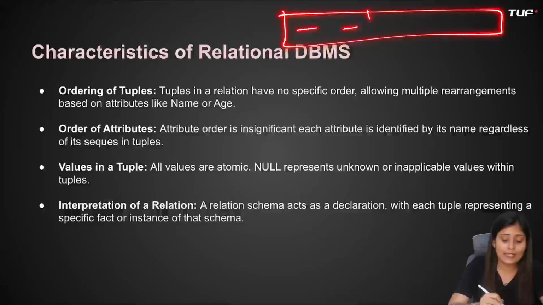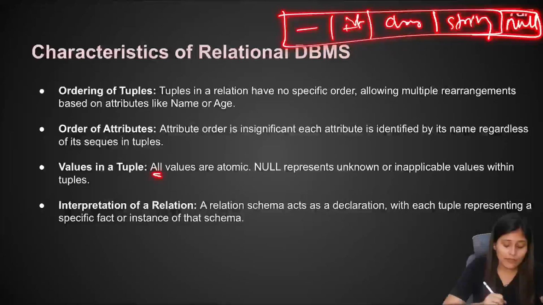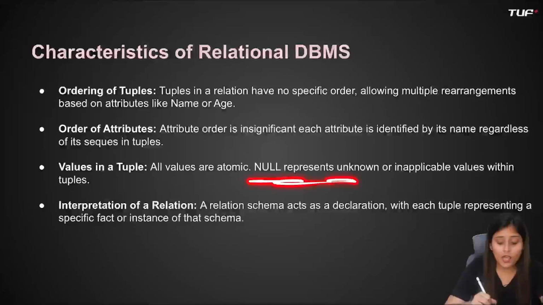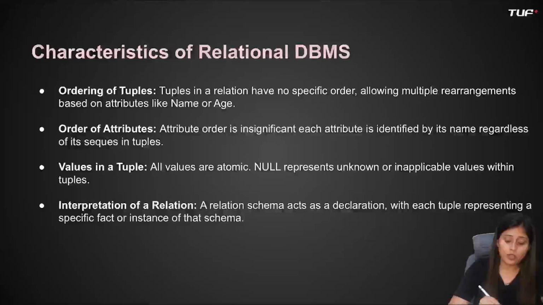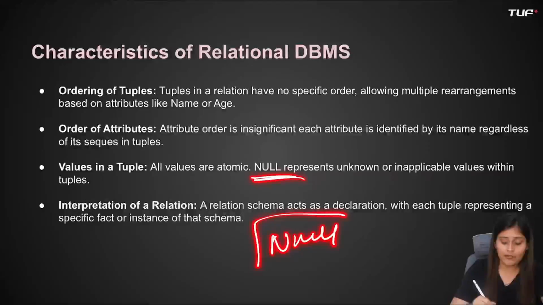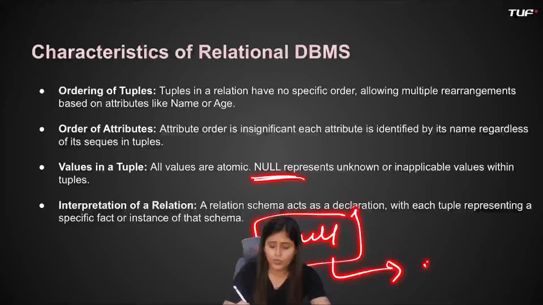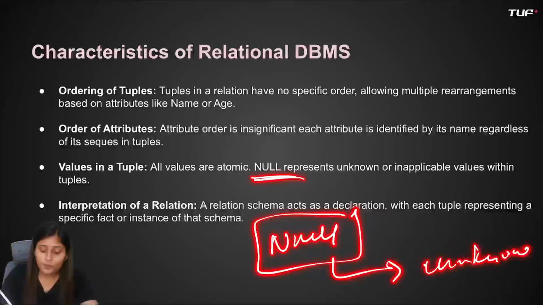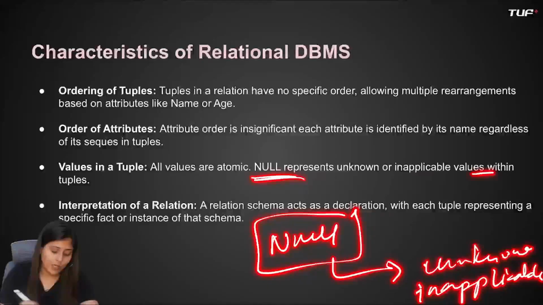In a row, we can keep integer value, character value, string value, and even the null value, right? All the values are atomic. Null represents unknown or inapplicable values. If we are giving some cell value as null, it means we don't know it. So it's an unknown or inapplicable value within the tuple.